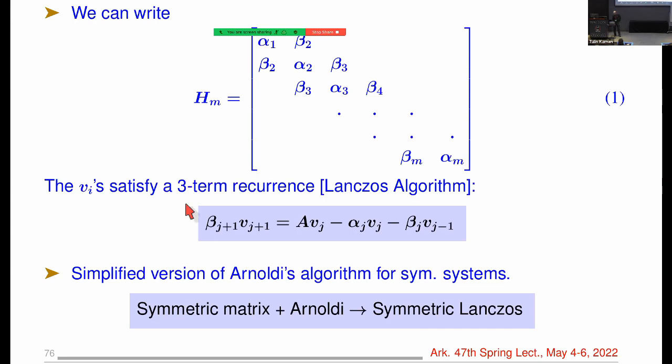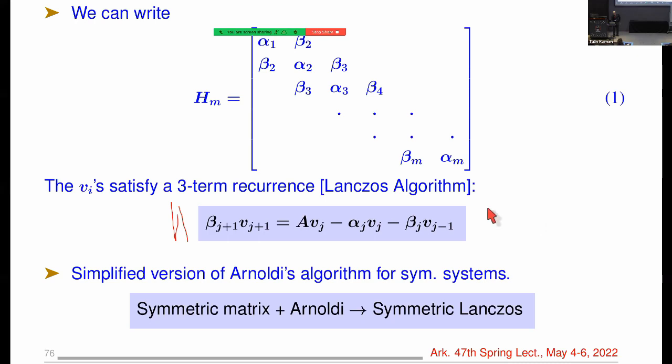In the Lanczos algorithm, you have this three-term recurrence that comes from the fact that Hm is tridiagonal. So Vj+1 is AVj minus alpha_j Vj minus beta_j Vj-1. These are all computable from this inner product, and this was the previous one. So this is a very simple and nice three-term recursion.